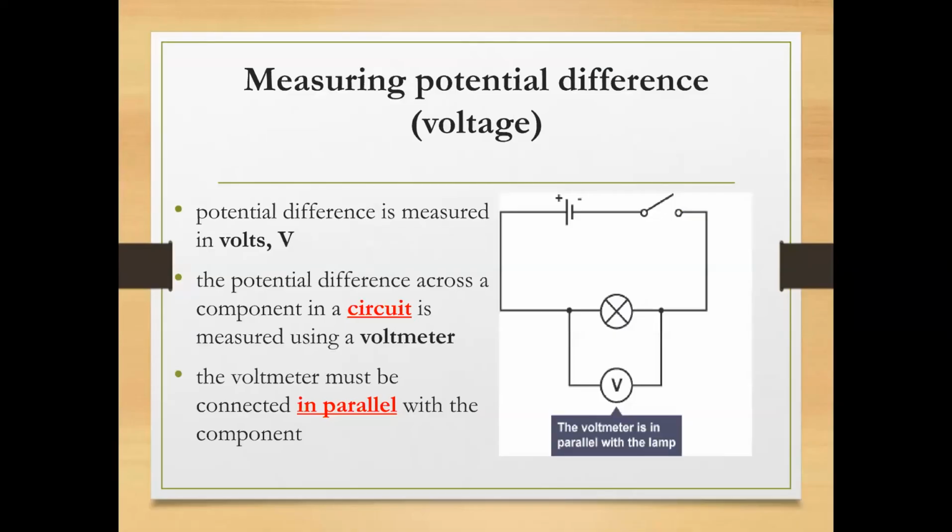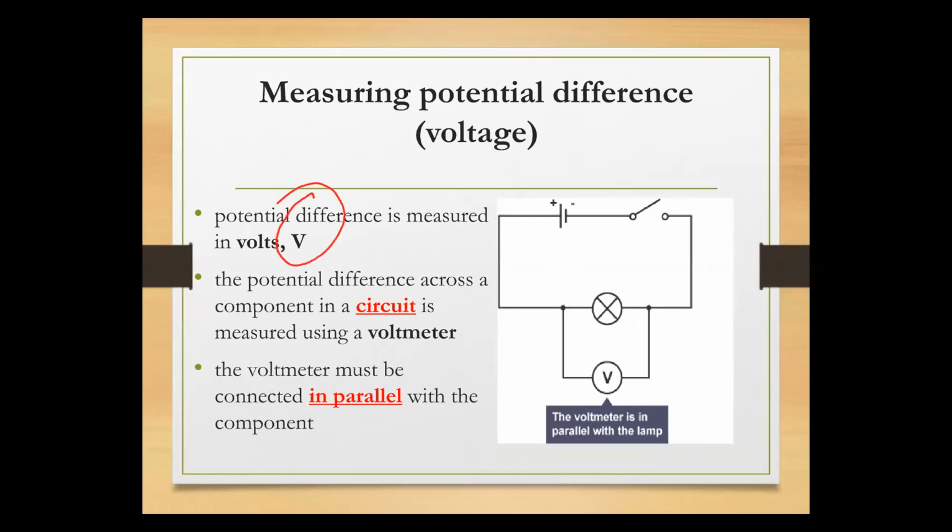Measuring potential difference. We say potential difference is measured in volts, which in our calculations and formulas we're going to refer to as V, right? The potential difference across a component in a circuit is measured using a voltmeter.